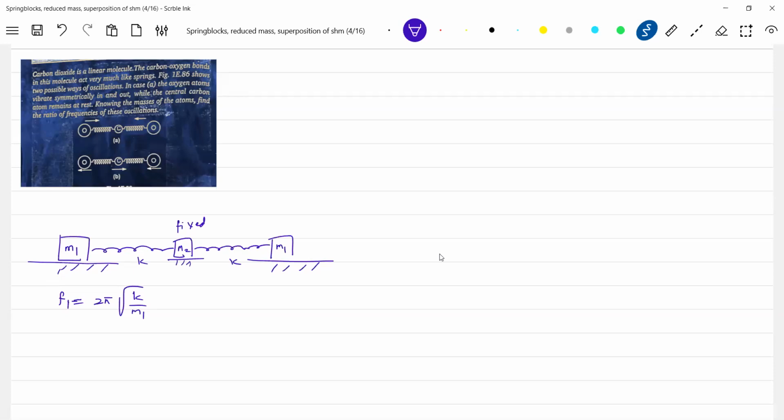Okay, second situation, where M2 can also oscillate. In that case, what should be the oscillation frequency is what it's asking, and then it asks further for the ratio.